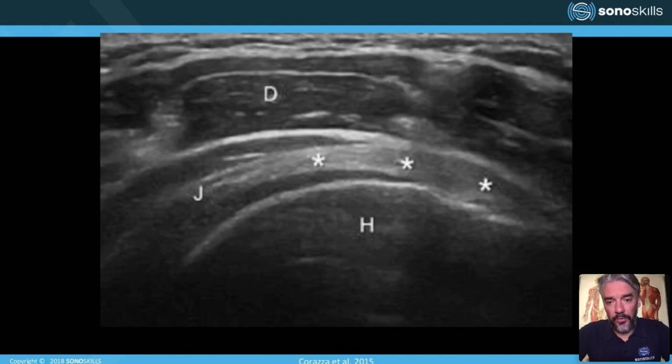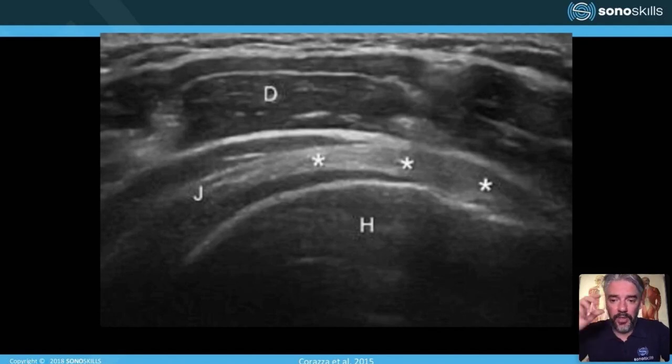So first what we do is we actually scan the infraspinatus with focus and depth not so deep, high frequency. When having scanned the infraspinatus and also the bursa on top of the infraspinatus, we slide to posterior towards the scapula, and then we start scanning the labrum and the joint, the capsule.